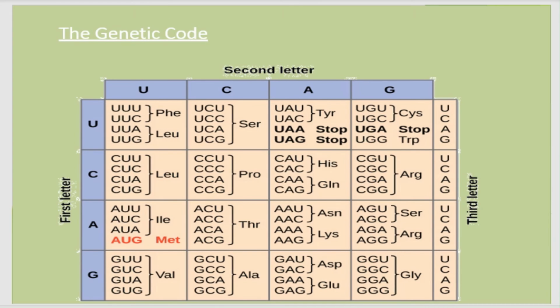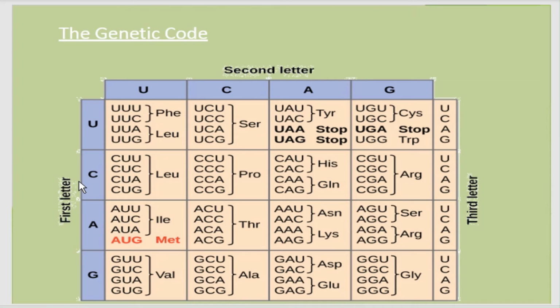Okay, so this is the genetic code table that is used to determine the type of amino acid that will be produced in the translation process. For example, we have the coding AUG. If AUG is the coding of the codon, the first step is to look for the first letter.